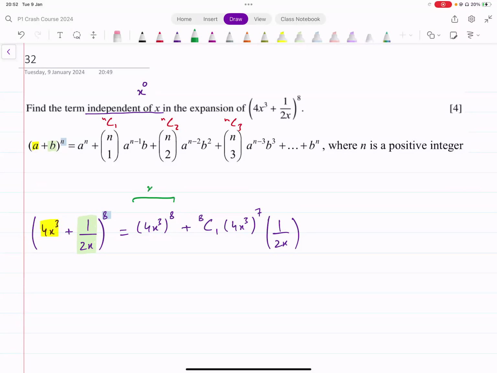This is x raised to power 24, right? Please make sure that you have your indices rules sorted. X raised to power 3 whole raised to power 8, that's not x raised to power 11. The powers are not added here, they're multiplied, okay? X raised to power 24, that's the power that we have in the first term. What about the second one? What do you think this is going to be?